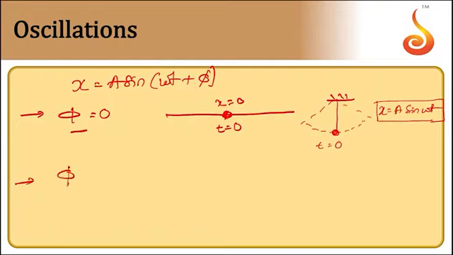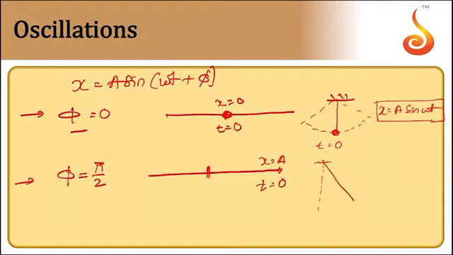The second possibility is initial phase phi is equal to pi by 2. What does it mean? It means that at t is equal to 0, you find the particle at one extreme position. For instance, in the simple pendulum, the particle is pulled aside and is about to be released.